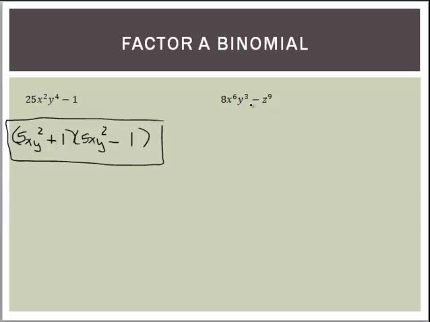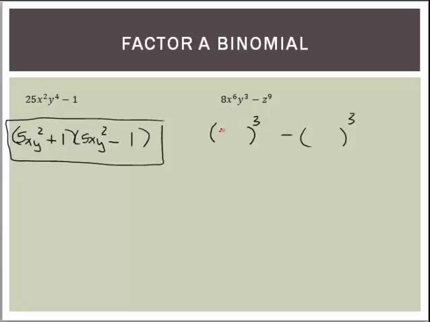Now, if you have the sum or the difference of cubes, something different happens. So the first thing that I want you to do is figure out, what do you cube to get the first term? What do you cube to get the second term? Let's figure that out first. What do you cube to get 8x to the 6th y cubed?